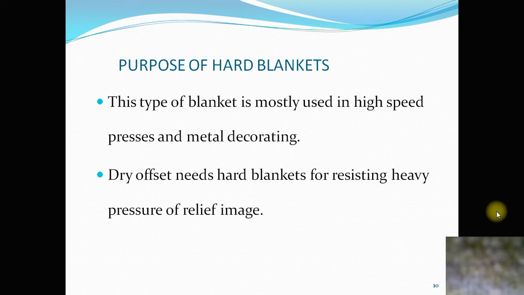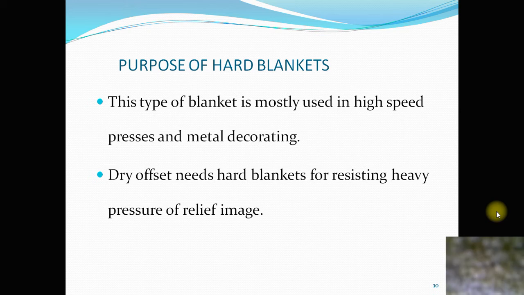Whatever ink we supply will be taken by the image areas, and that image will be transferred onto the substrate. Isn't it? So when the plate and the blanket have contact, there will be a high pressure because on the plate there are image areas, relief positions, and depressed positions.